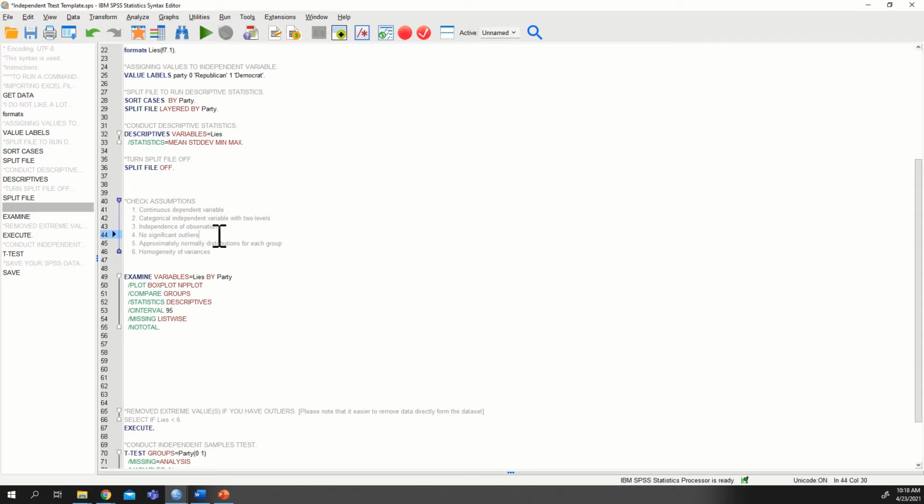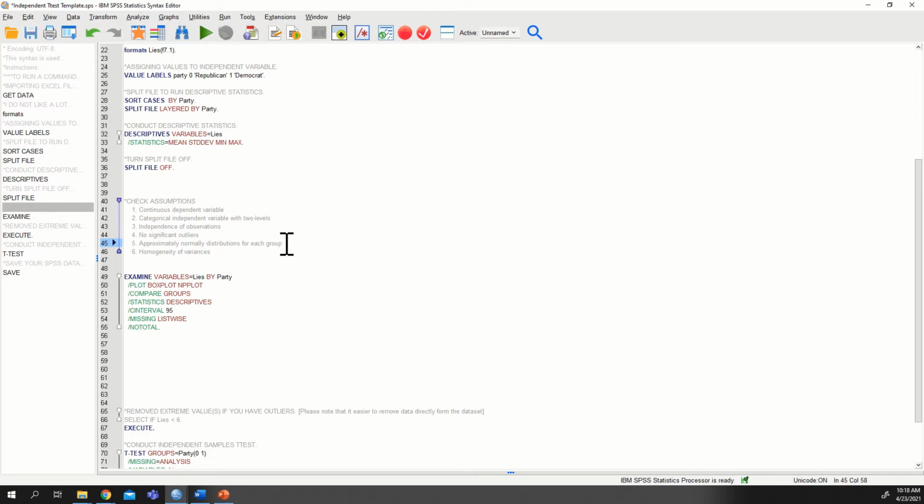The fourth assumption is no significant outliers, because outliers could impact your mean, and since this test looks at means, we don't want any singular value to increase or decrease your mean. The fifth is approximately normal distribution of your dependent variable for each group.